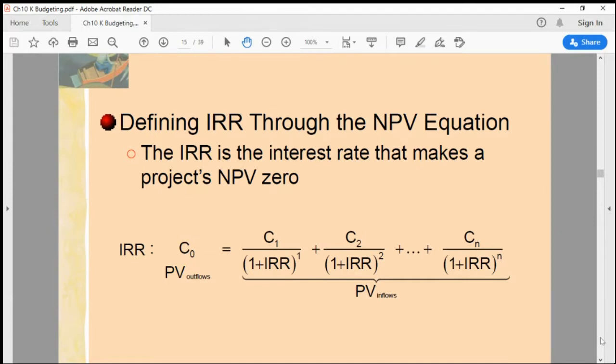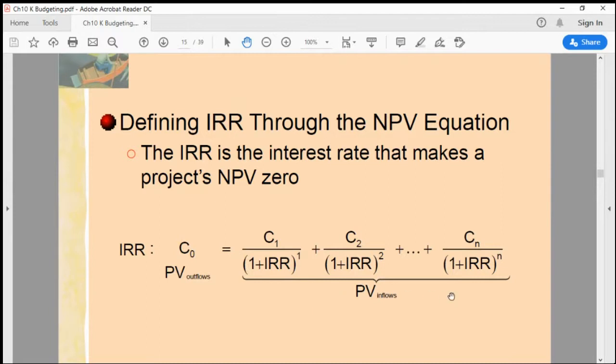So as I explained last time, there are three possibilities for this equation, in terms of the equality between the left-hand side and the right-hand side. One, the right-hand side can be greater than the left-hand side. Two, both sides are equal. Three, the right-hand side can be smaller than the left-hand side.